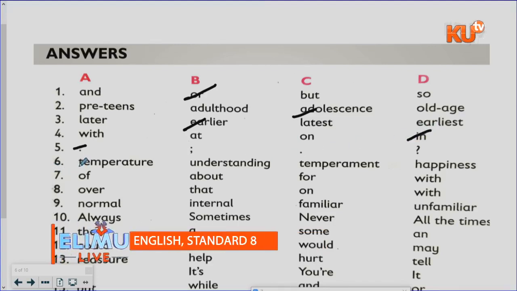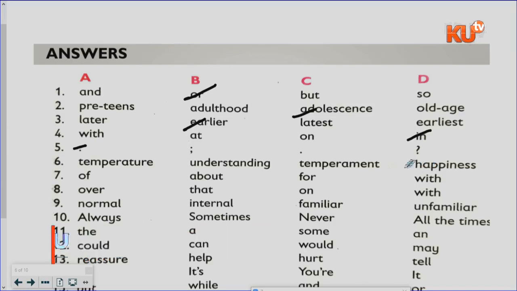Question 6 says, moodiness and rapid changes of dash. Moodiness and rapid changes of temperature, of understanding, of temperament, of happiness. Which one do you think is correct? Is it temperature?